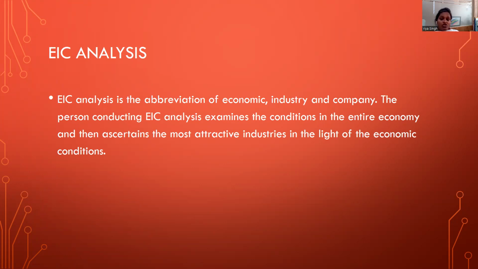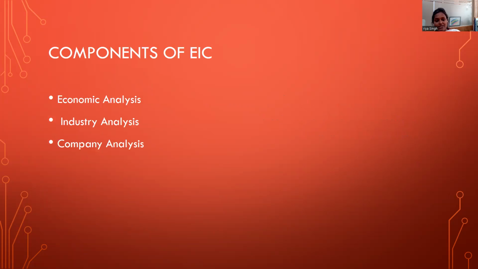After checking that, we should check in what kind of company we are going to invest, and which industry that company belongs to. Then we will study that particular company on which we are going to put our money. So this is EIC analysis: economic analysis, industry analysis, and company analysis.